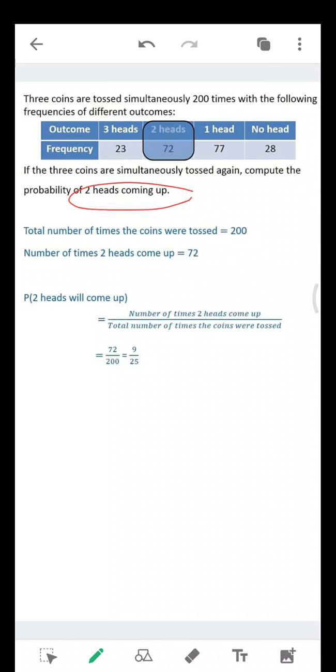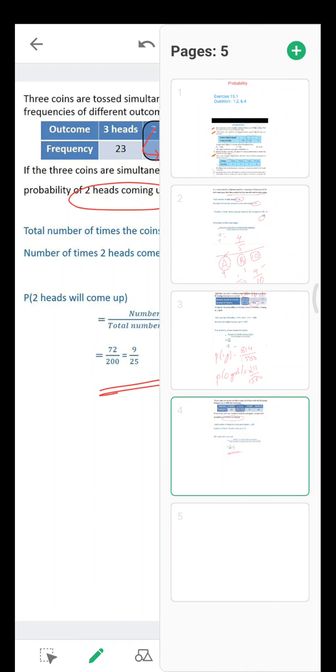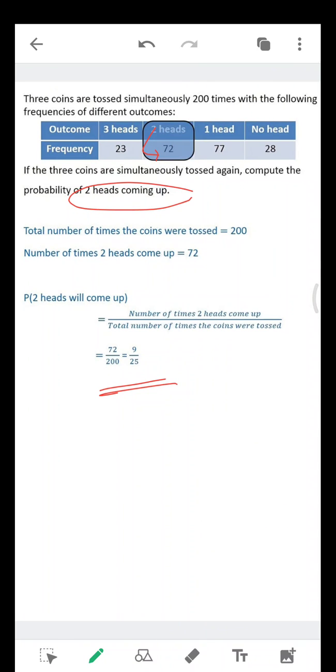How many times did we get 2 heads? 72 times. So our answer will be 72 by 200. Here 72 is our favorable outcome and 200 is the total number of outcomes. Dividing it, we get 9 by 25. So these are the simple problems which you can do.